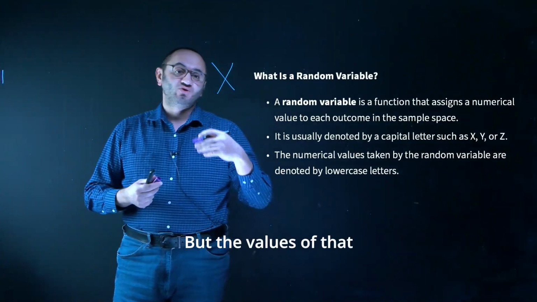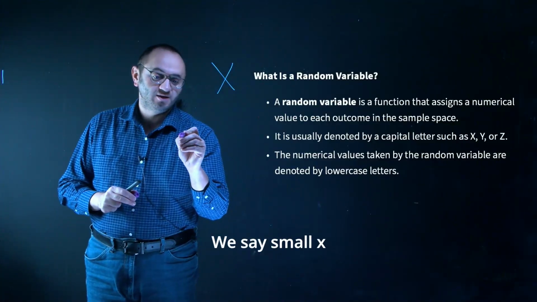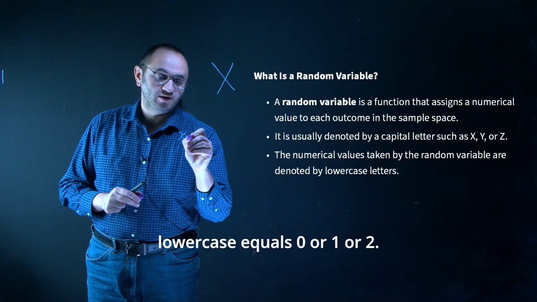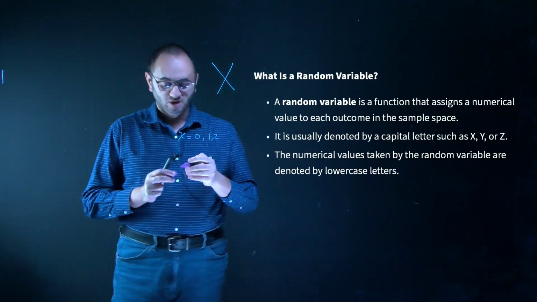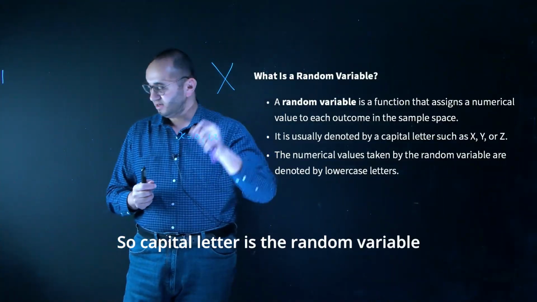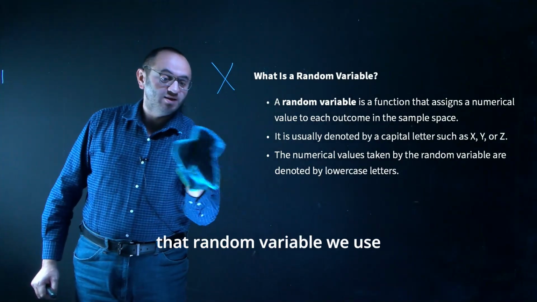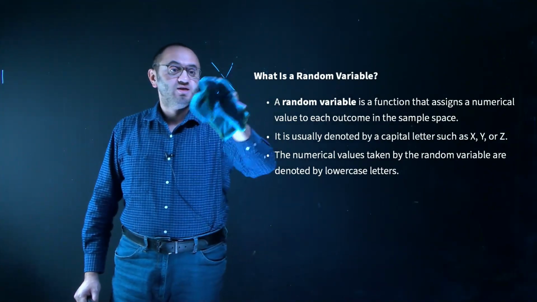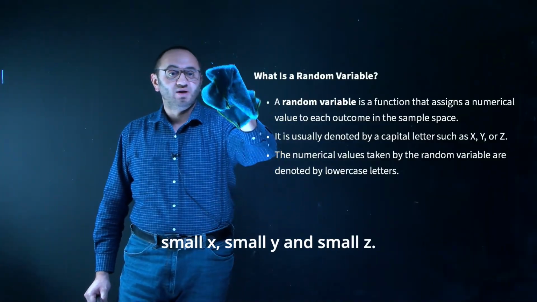But the values of that random variable could be 0, 1, 2. We say small x, lowercase, equals 0 or 1 or 2. So this is the meaning of capital letter and the small letter. The capital letter is the random variable, and for the specific value of that random variable we use a lowercase letter, such as small x, small y, and small z.